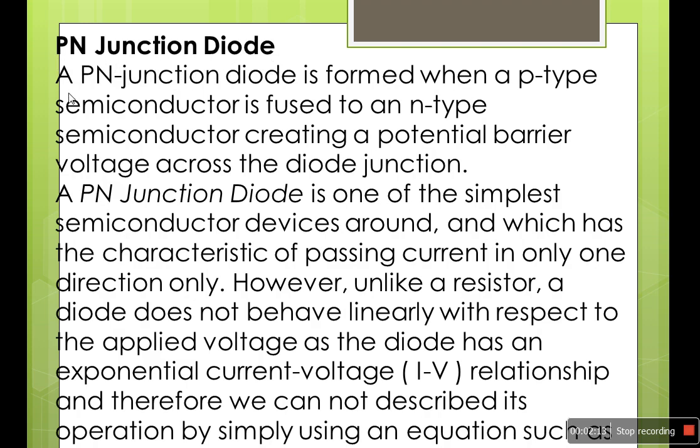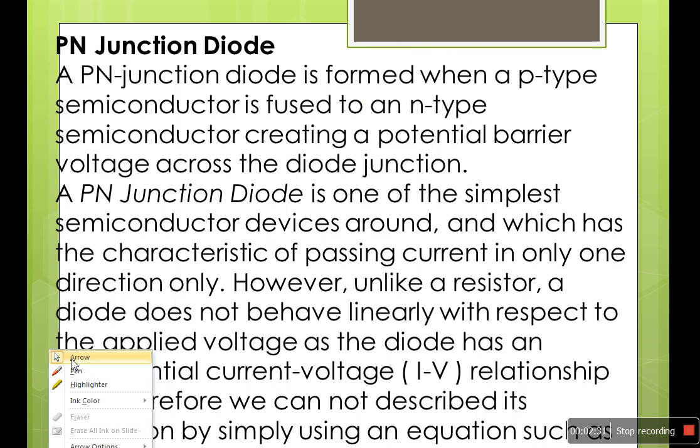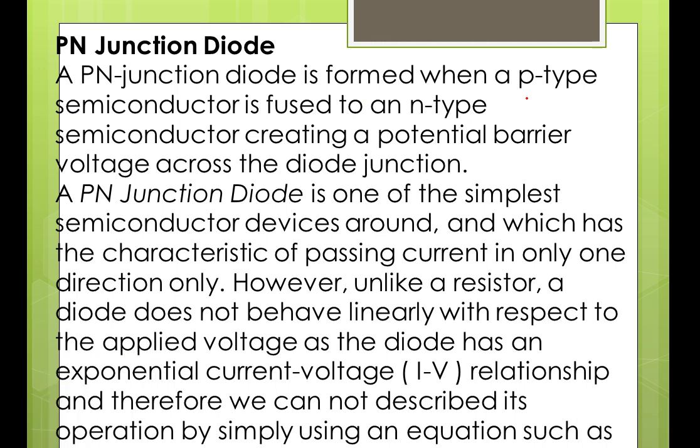Some notes related to the PN junction diode. A PN junction diode is formed when a p-type semiconductor is fused into an n-type semiconductor, creating a potential barrier voltage across the diode junction. If you take p-type semiconductor on one side and n-type semiconductor on the other side and combine them, it forms the PN junction diode.